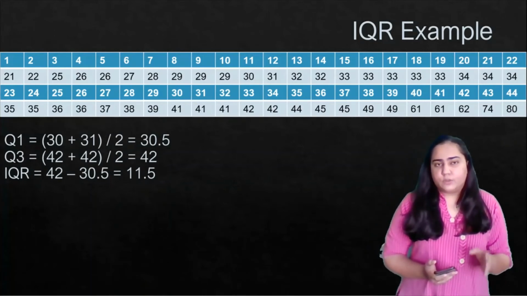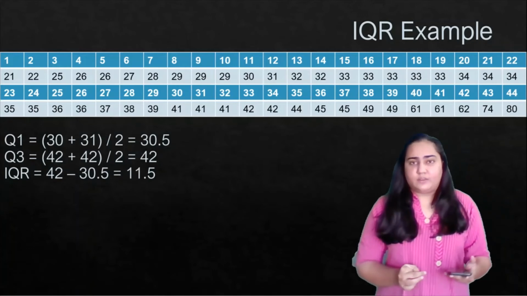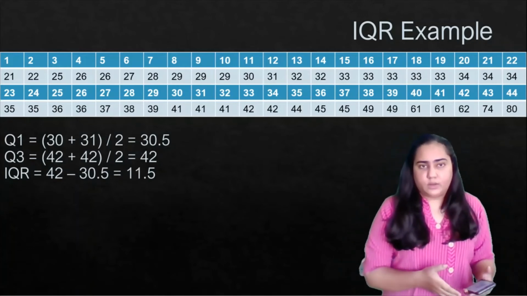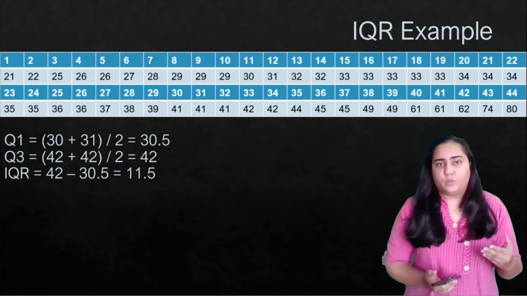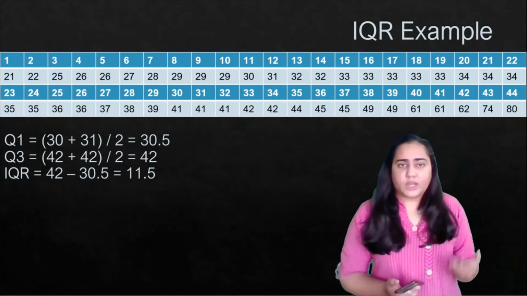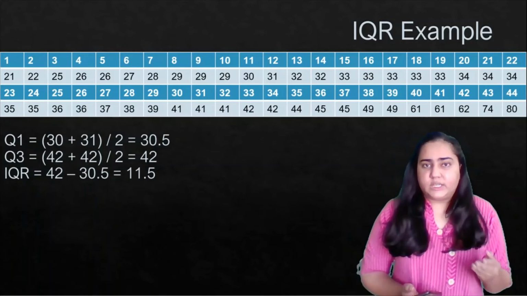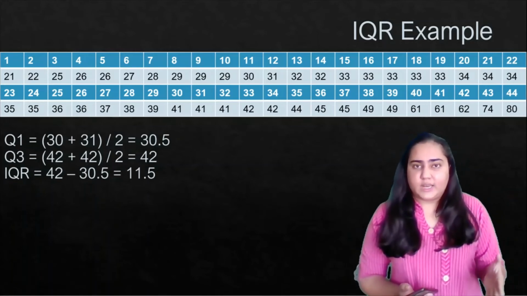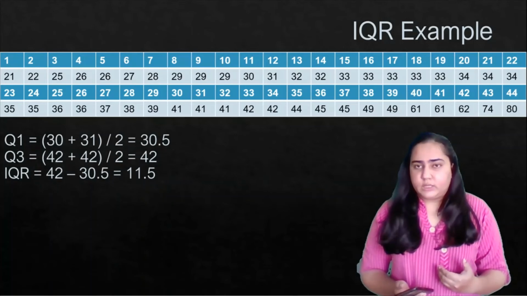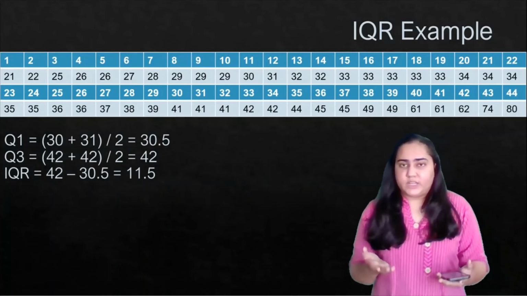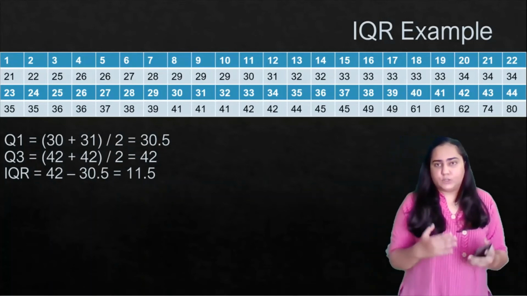Once I find those two values, I can then find my quartile 1 and quartile 3. In order to find quartile 1, I'm going to use 30 and 31, which are the 11th and the 12th observations. To find the quartiles, I would have to divide this data into two parts.